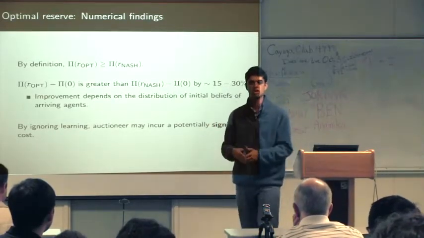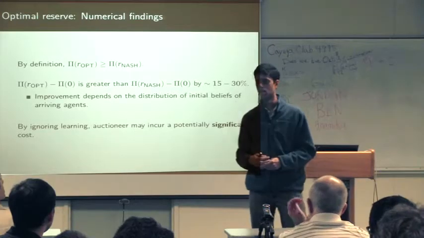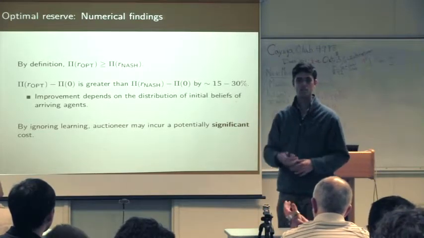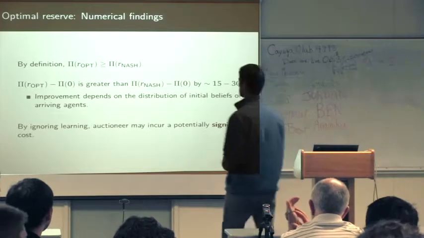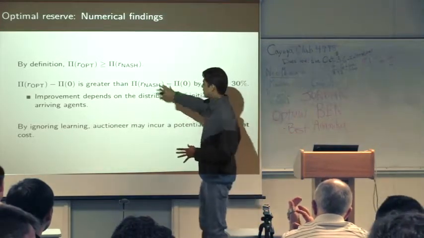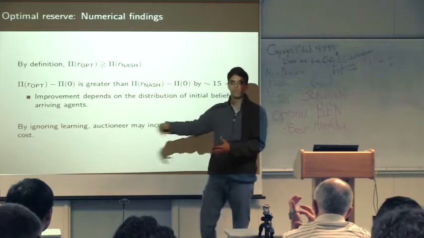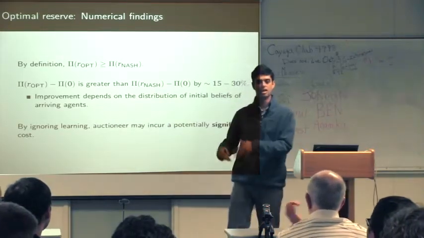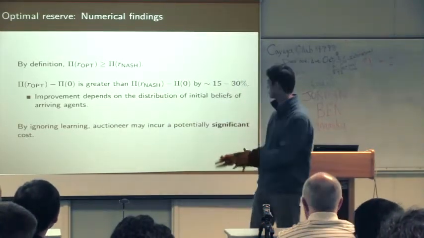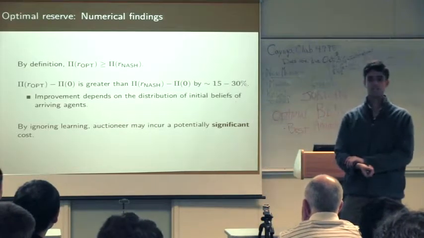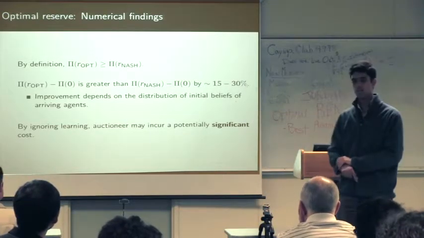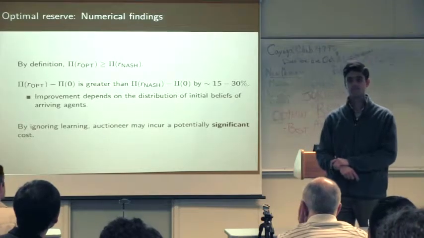This depends on your initial choice of parameters, like what distributions the beliefs come from, and so on. So by ignoring learning, at least in this model, under this numerical approach, we see that the auctioneer might incur a substantial loss in revenue.